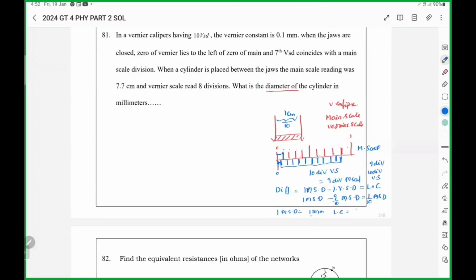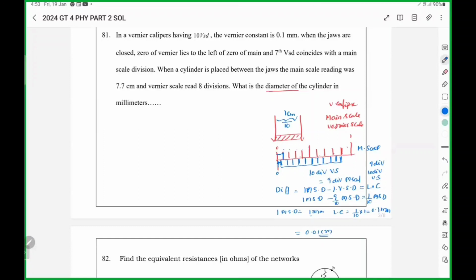The least count will be 1 by 10 of 1 mm, that is 0.1 mm, or 0.01 centimeter. This is the vernier constant.